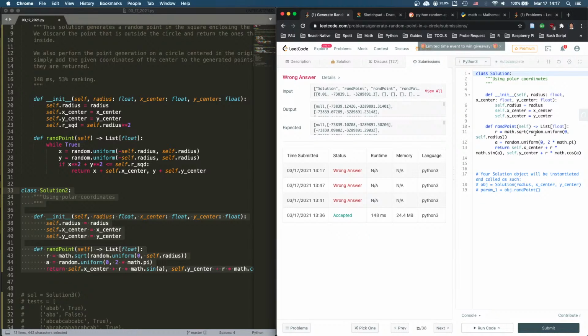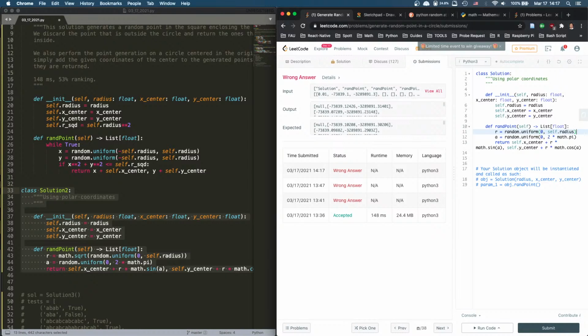Or hold on. So what we're saying is, oh no, not here, man. It's not SQRT here, you dummy. It's SQRT here. That's math.sqrt on the radius itself.